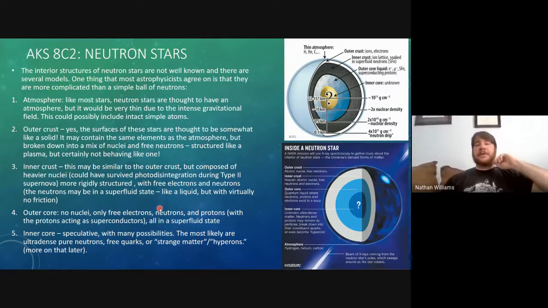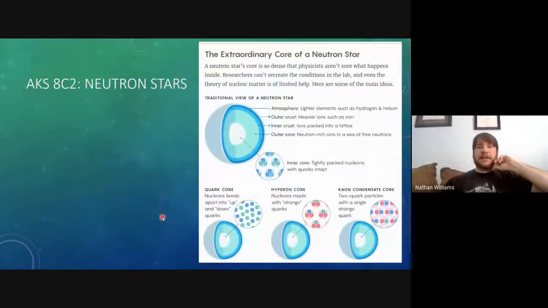All right, the inner core. You can see in the diagrams the question marks here. So this is the most conjectural part of the structure of a neutron star, because we have a lot of options for what may be there, and it could be a combination of different options. I'll flip to the next screen because it nicely diagrams these out.